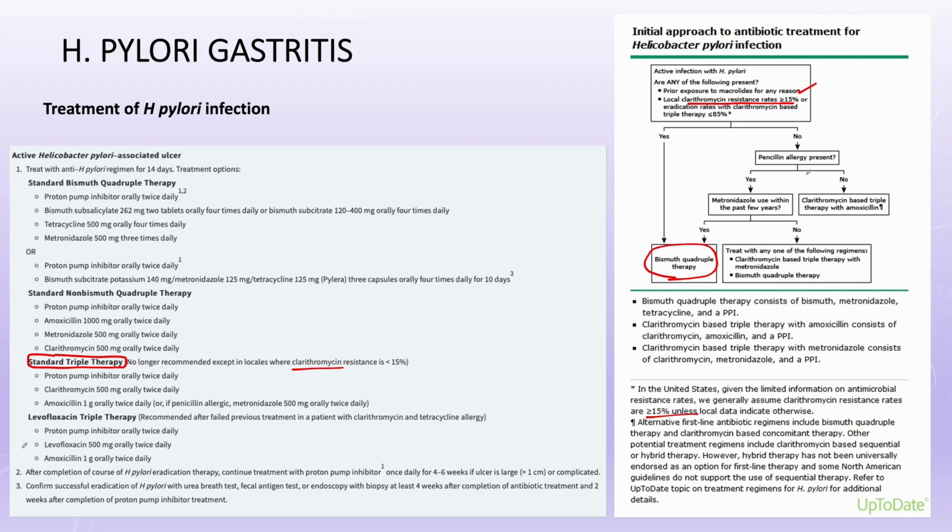Okay, if for some reason you end up working in an area that doesn't have that, you can then assess for penicillin allergy and whether or not they've used metronidazole, and then you can do a triple therapy or quadruple therapy. Okay, so the standard quadruple therapy is going to be quad, 4 drugs.